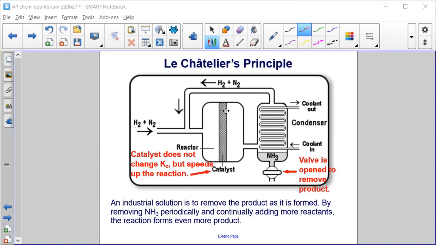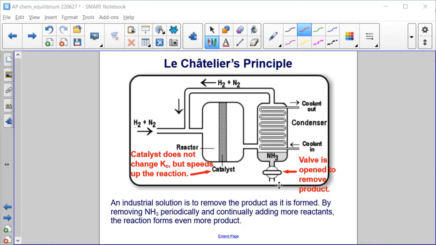The catalyst that you see here does not change the Kc. It doesn't change the equilibrium constant. It just works to speed up the reaction, so it happens at a faster rate in the industry. And so what we do is we open a valve here to remove some product. And we know that if we decrease the concentration of a product, we then shift the reaction towards the creation of more product.